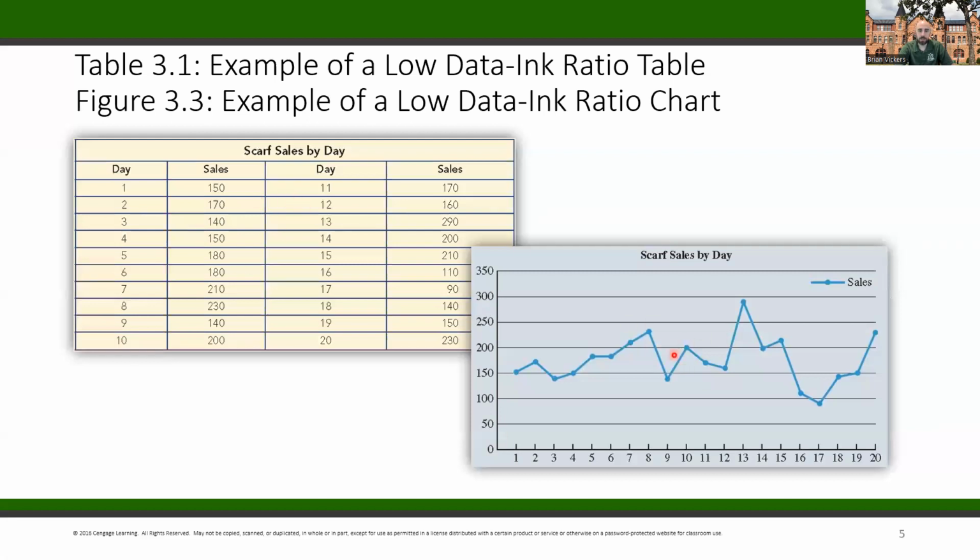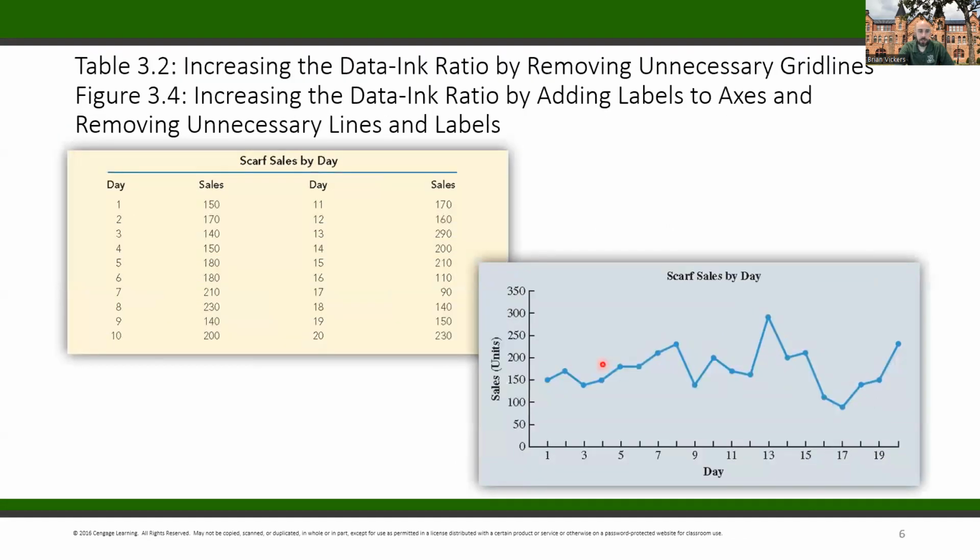This one's not as egregious as the previous one, but you can see that if we're tracking the sales of this item, this is how it's presented in a table. This is how that same thing is being presented over time, to see the cycle of the sales going up near the middle of the month, back down, and then again up at the end of the month. Whatever that is that we're trying to show, there is a cleaner way of doing that.